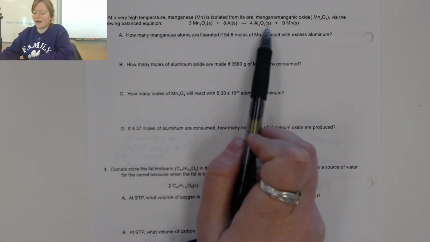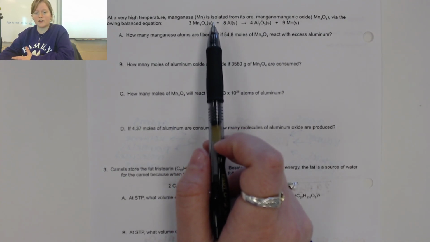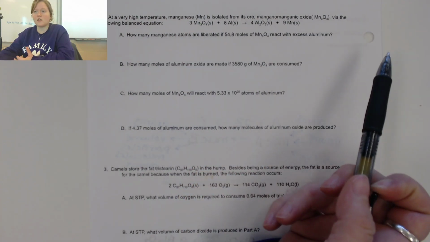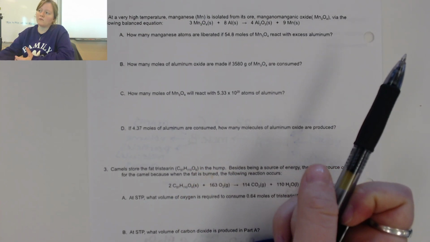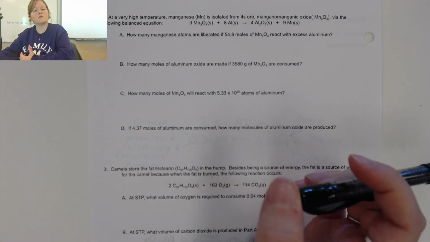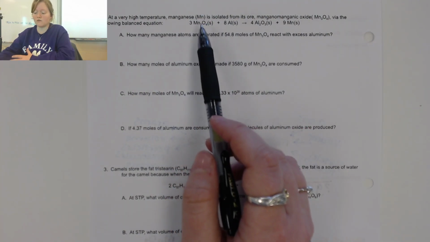So you have a balanced equation, and you're not necessarily always going to start with a mole-to-mole conversion. You may start with a mass to moles conversion or something along those lines where you're not necessarily doing mole-to-mole first. So just make sure you're paying attention to what you're starting with and what you're trying to find.